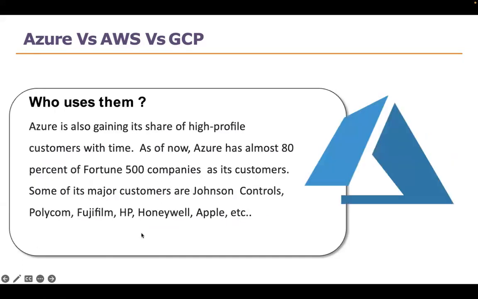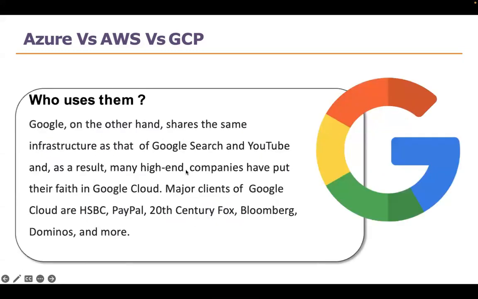With Azure, HP, Fuji Films, Apple, multiple users. And with Google, we can see PayPal, HSBC and multiple others. Important thing is that, folks, everyone is moving to the cloud, right?